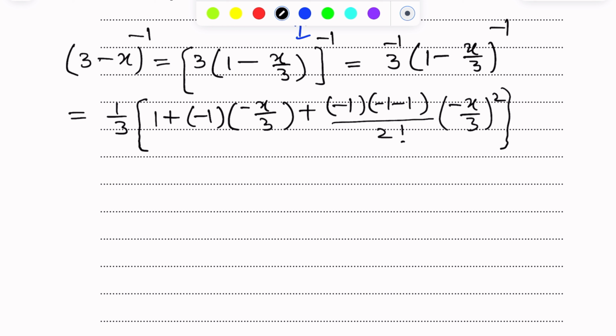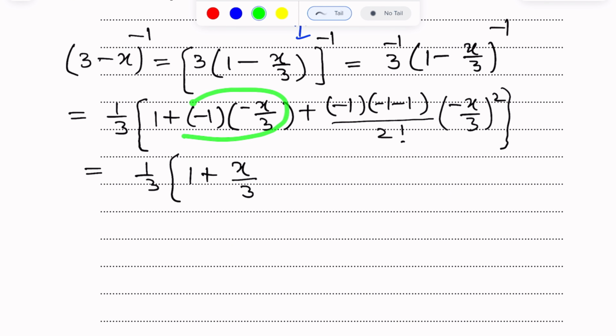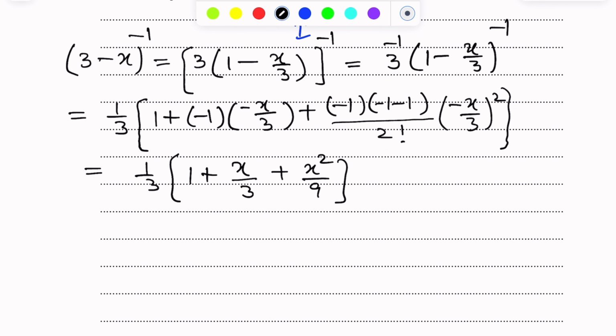After simplifying, we get 1 over 3 into (1 plus x over 3 plus x square over 9). Now multiply by 1 over 3 each term within the bracket.